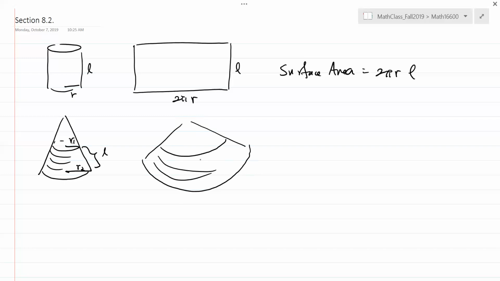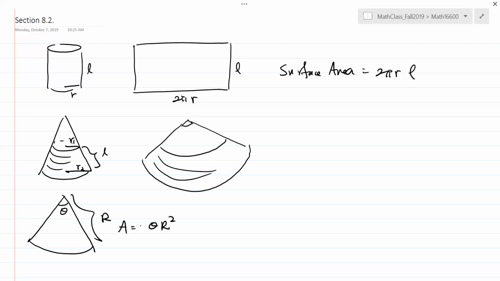How do you find the area of a sector? It depends on the angle. Remember the formula we have for the sector: if we have an angle theta and this is a capital R, the area is one half theta R squared.